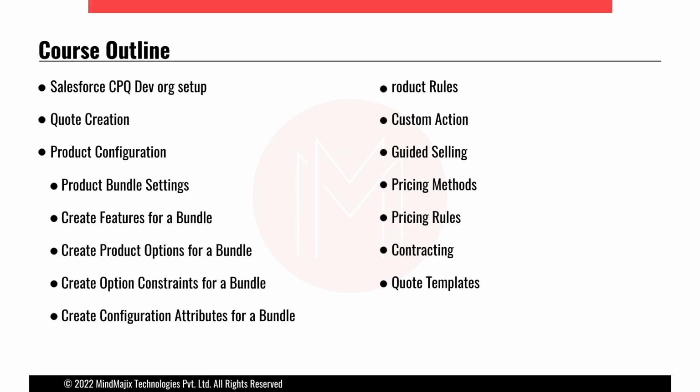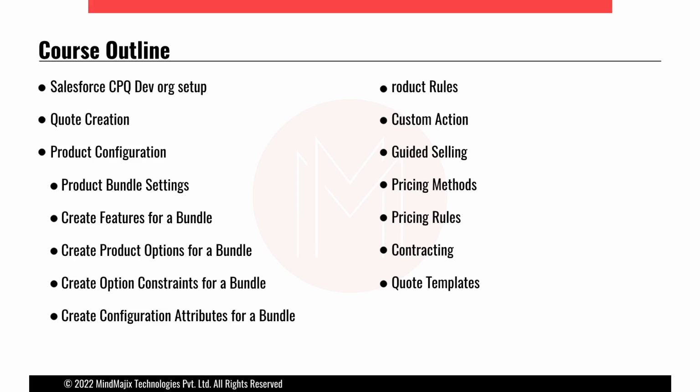We can do it, and you can see how the quotes are created. Product configuration involves product bundling, features, option constraints. We can see in later sessions, and configure attributes, product rules. We have 4 types. I covered one type today.